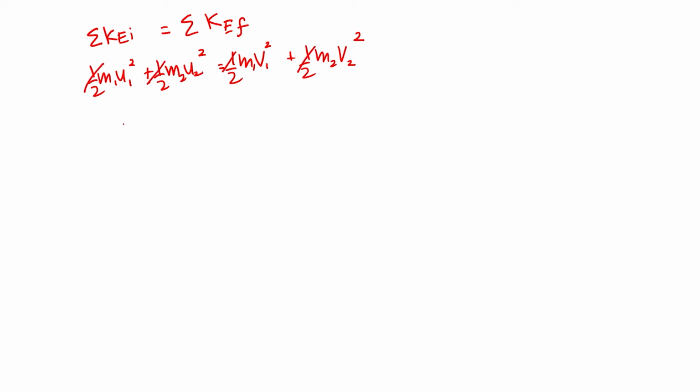So m1 is 0.1, so 0.1 times 0.2 squared plus, this is 0 for u2, so 0, equals m1 is 0.1 V1 squared plus 0.15 V2 squared.